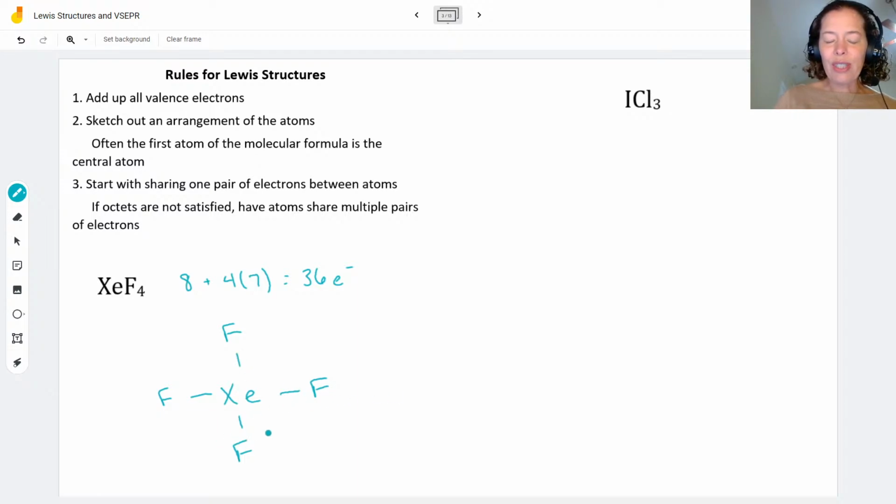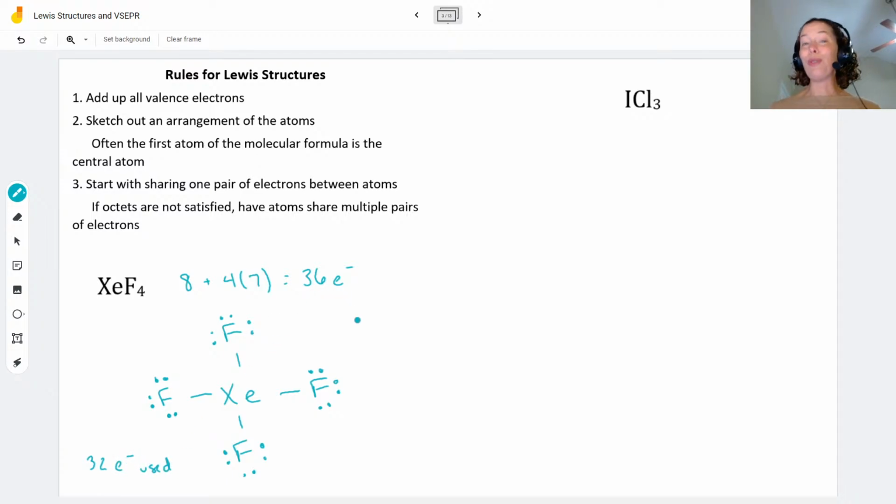Okay, so this is 2, 4, 6, 8, 10, 12, 14, 16, 18, 20, 22, 24, 26, 28, 30, 32. So once again, I have used 32 electrons, but I need to use 36.